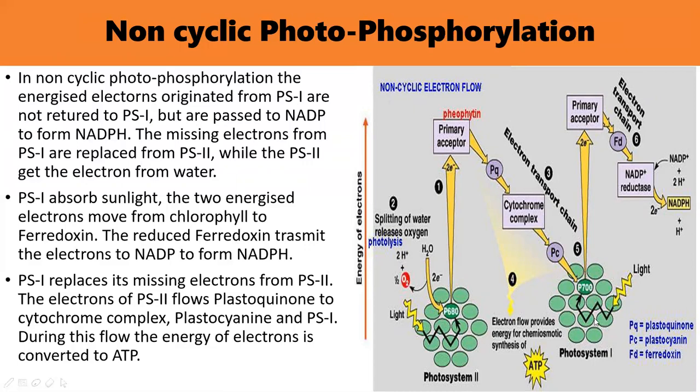When the accessory pigments transfer the light energy to the reaction center, the energized electrons escape from their outer orbit and pass through the different electron acceptors. Here you can see the first primary acceptor, then it passes to the ferredoxin. From the ferredoxin, the two electrons are passed to the NADP to form NADPH.